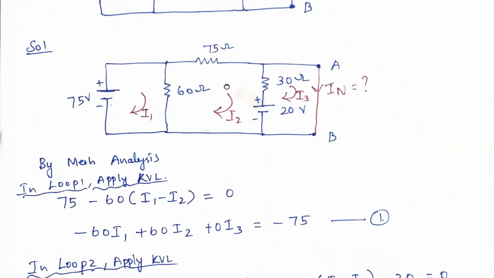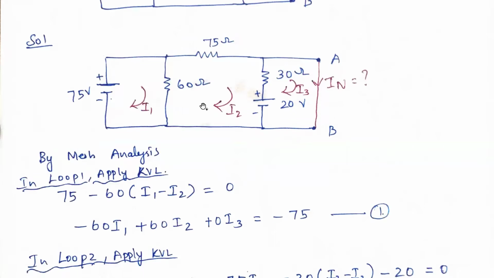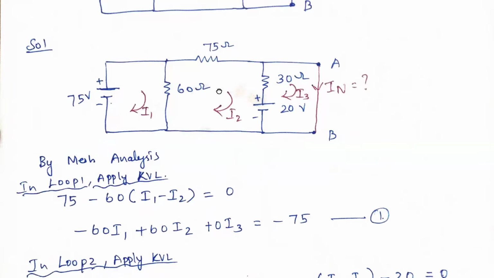Similarly, in loop 2, the current is flowing like this. All resistances are drops. So minus 60 into (I2 minus I1), next is minus 75 into I2, next is minus 30 into (I2 minus I3). The current is flowing from positive to negative, which is again a drop, and a drop is negative.